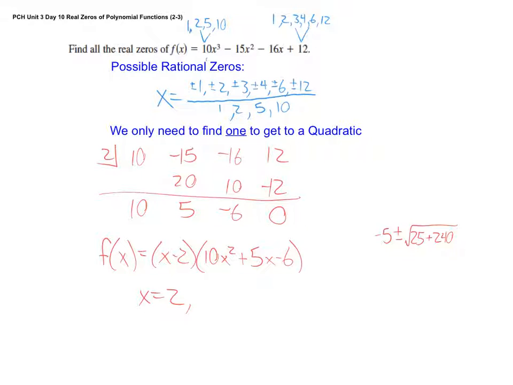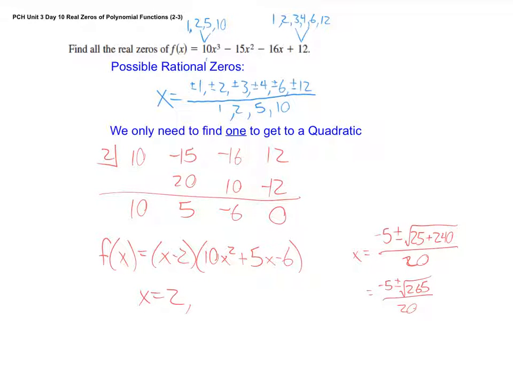All over 20. So let's see here. This would be negative 5 plus or minus the square root of 265. And that's not a perfect square. So actually with this one, you would not have any other rational ones.